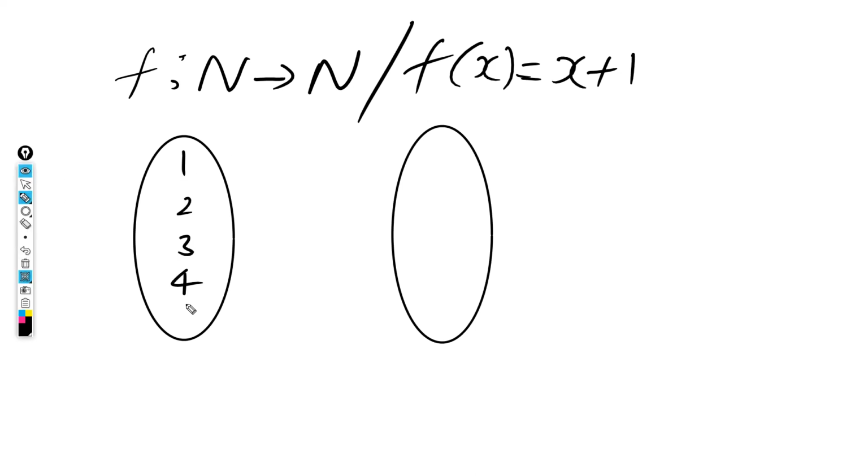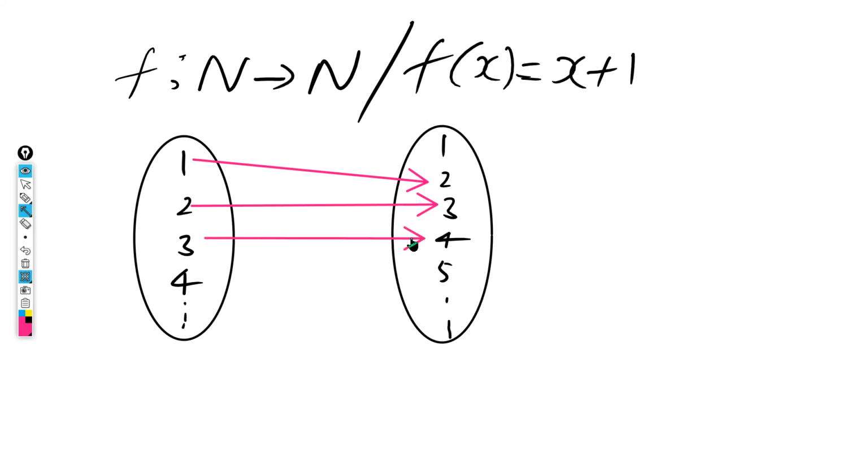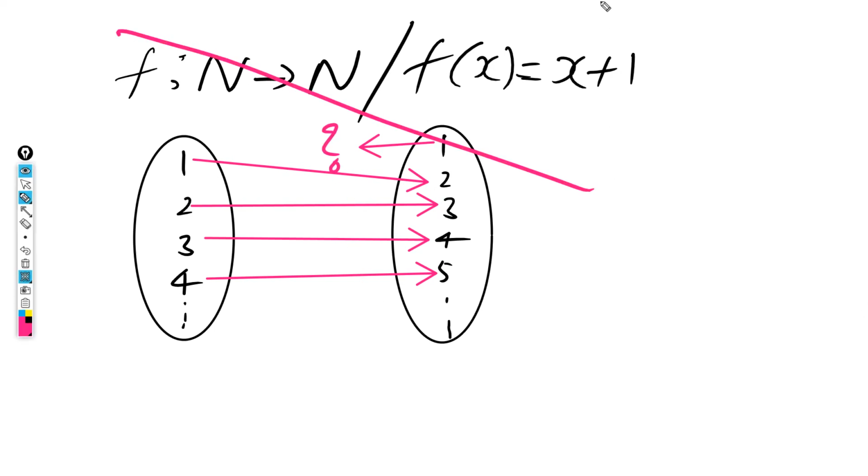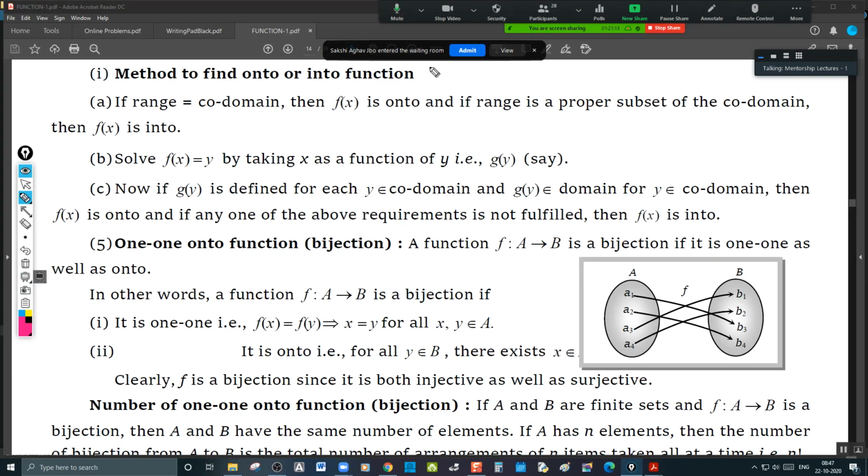If you take the domain elements as 1, 2, 3, 4, and the range elements as 1, 2, 3, 4, 5, and so on, and if you map this, 1 maps to 2, 2 maps to 3, 3 maps to 4, 4 maps to 5. What about 1 in the range? No pre-image, and hence it is not an onto function.